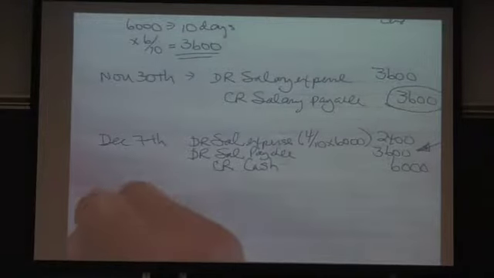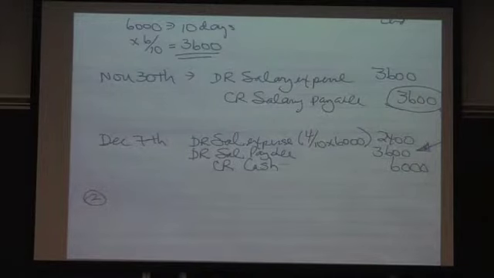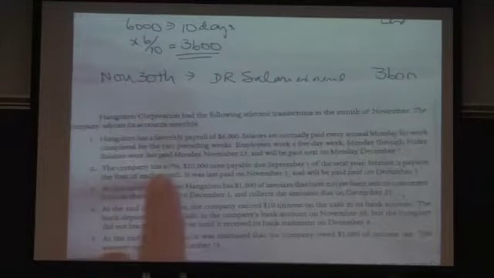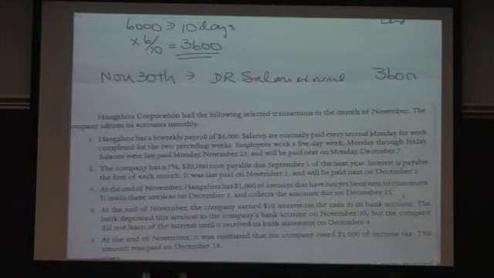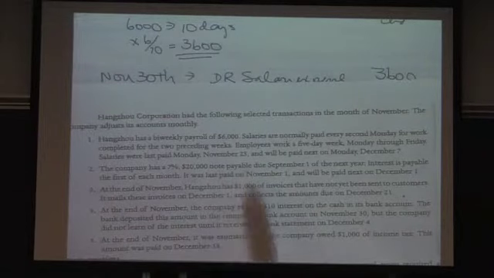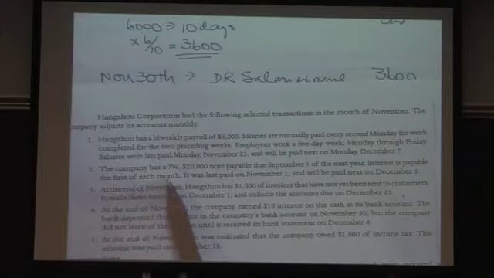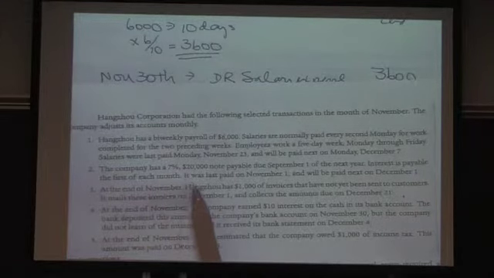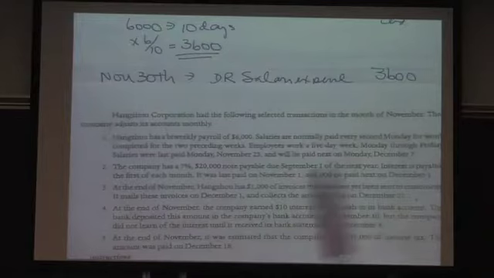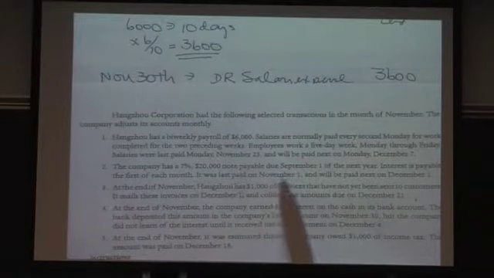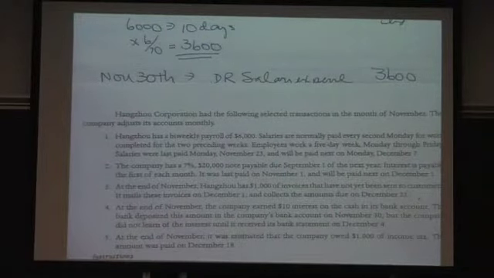For number 2, what do we have? The company has a 7%, $20,000 note payable due on September 1st of the next year. Interest is payable on the 1st of each month, and the last time it was paid was November 1st. The next time it is paid will be December 1st.